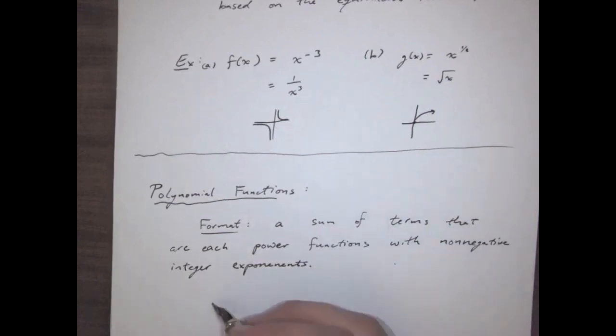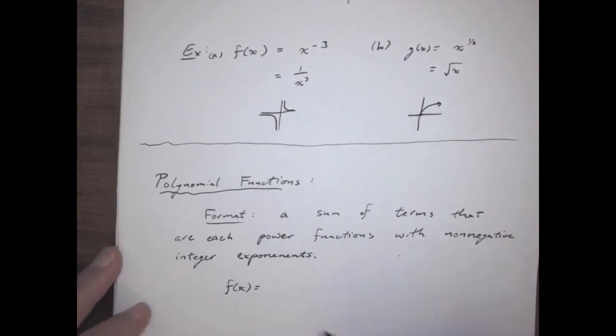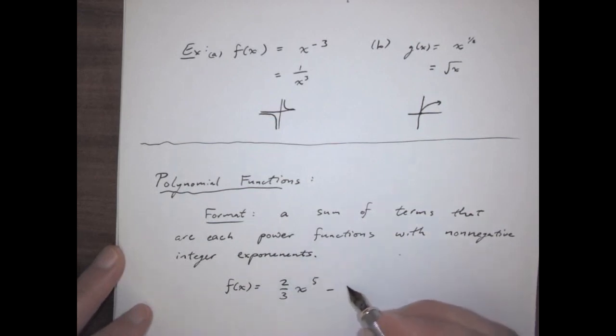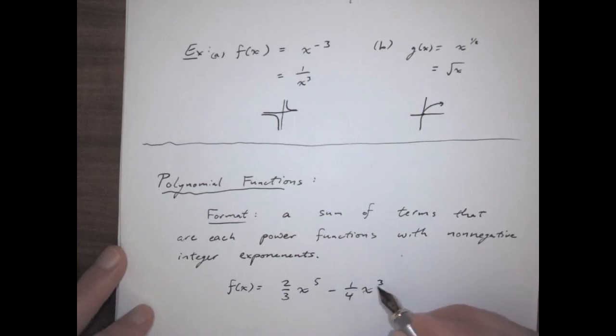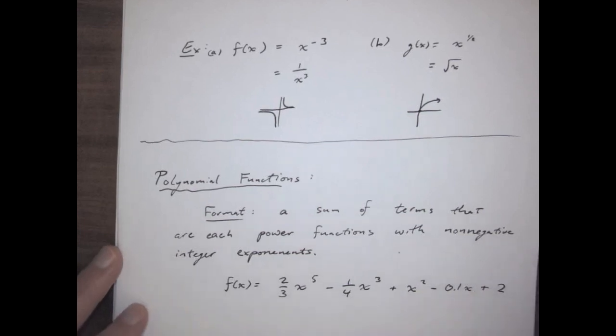What that looks like is something like this. f of x is equal to, maybe you have 2/3 x to the 5th minus maybe 1/4 x to the 3rd plus x squared minus 0.1 x plus 2.